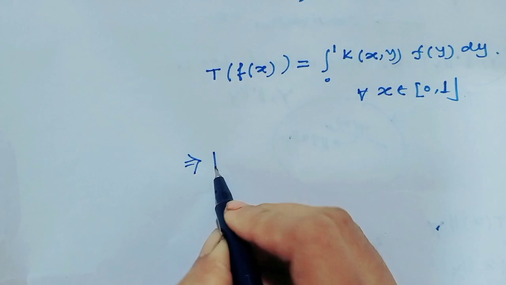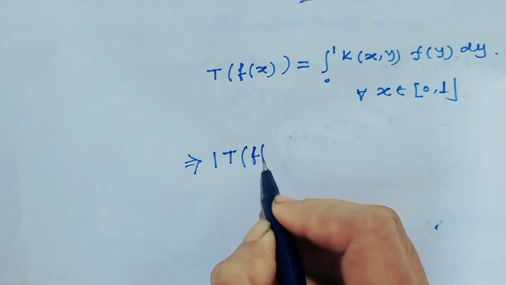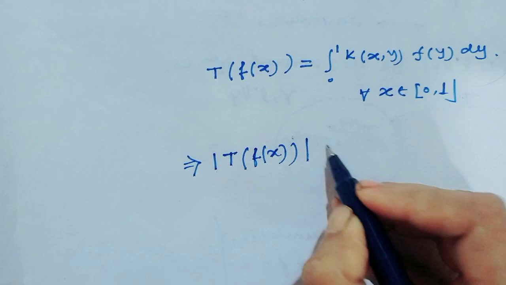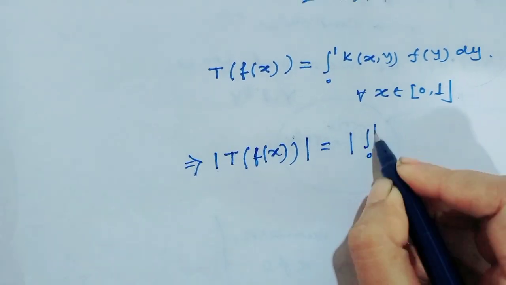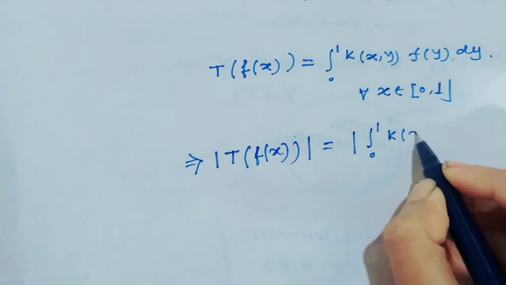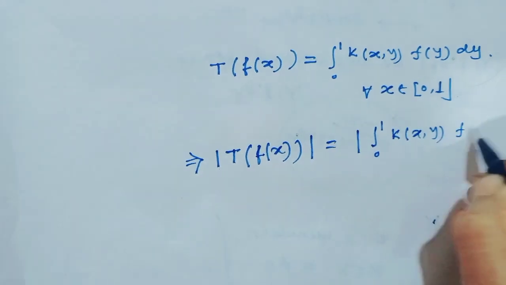Then the absolute value of T f(x) equals the absolute value of the integral from 0 to 1 of k(x,y) f(y) dy.